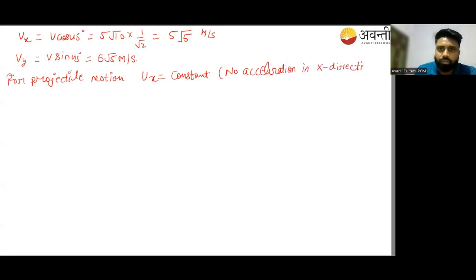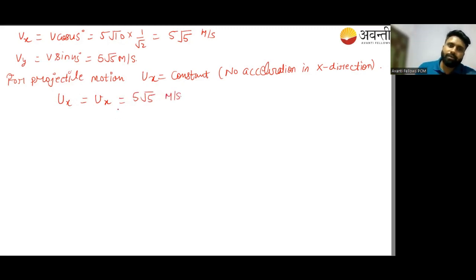So ux remains constant. Initially we assumed the velocity of the projectile is ux, which equals Vx from this concept, and Vx we have calculated as 5 root 5 meter per second.